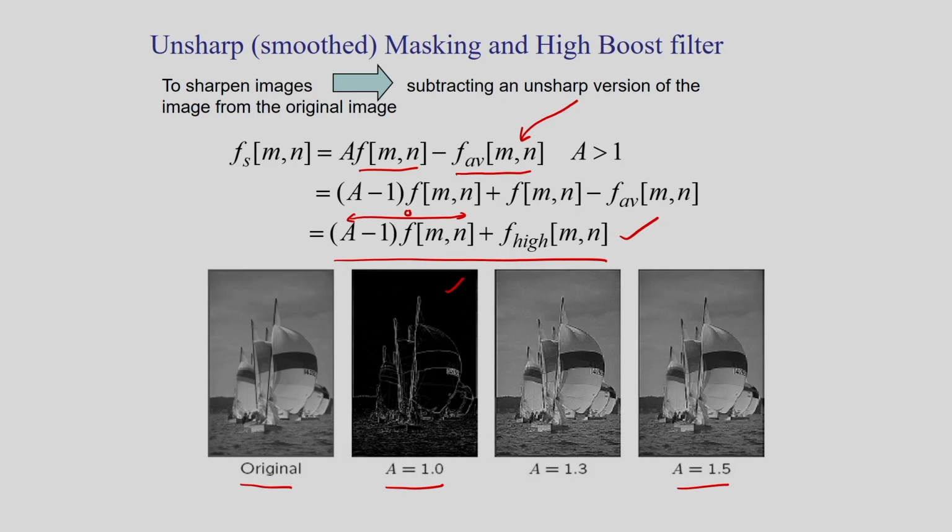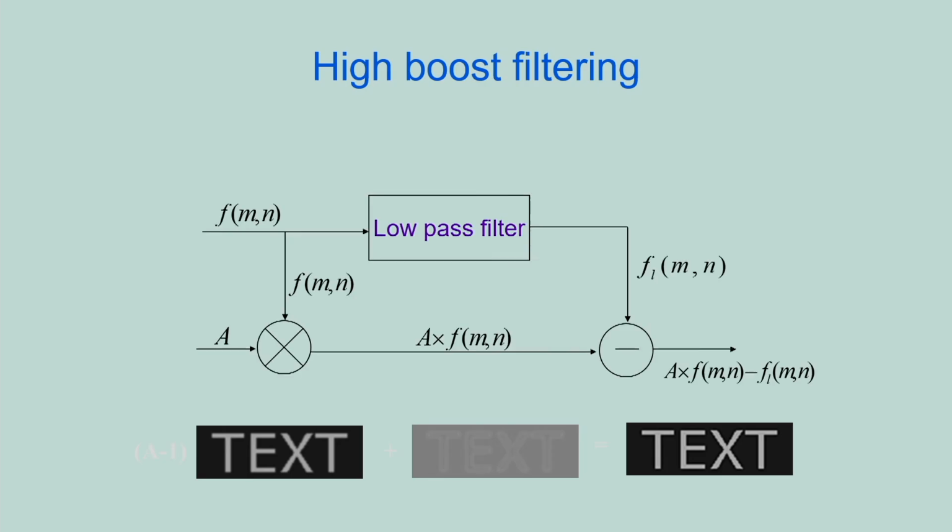So I am getting the edges, that is sharpening the edges, as well as I am having the low frequency components. In this case I am showing the same thing, the high boost filtering. f(m,n) is the input image, and I am considering the factor A times f(m,n), and in this case I am considering the average version of the image, and this is nothing but the high boost filter.